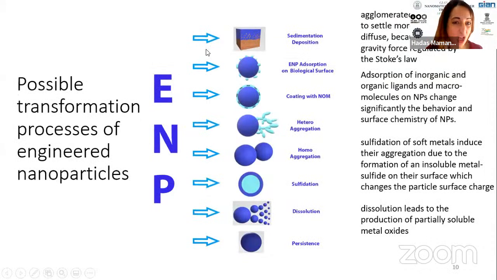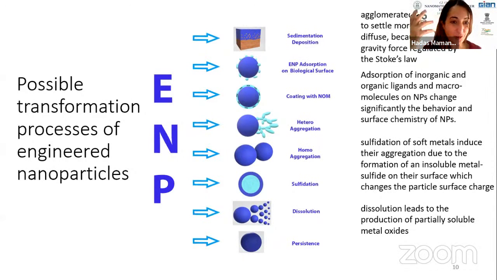Now, just to summarize what you learned in the morning, the possible transformation processes of engineered nanoparticles. We can have different phenomena occurring, for example, sedimentation. Sedimentation is governed by Stokes' law, and I'm sure you learned about that. Stokes' law is a mathematical representation that expresses the drag force resisting the fall of small particles into a fluid medium.